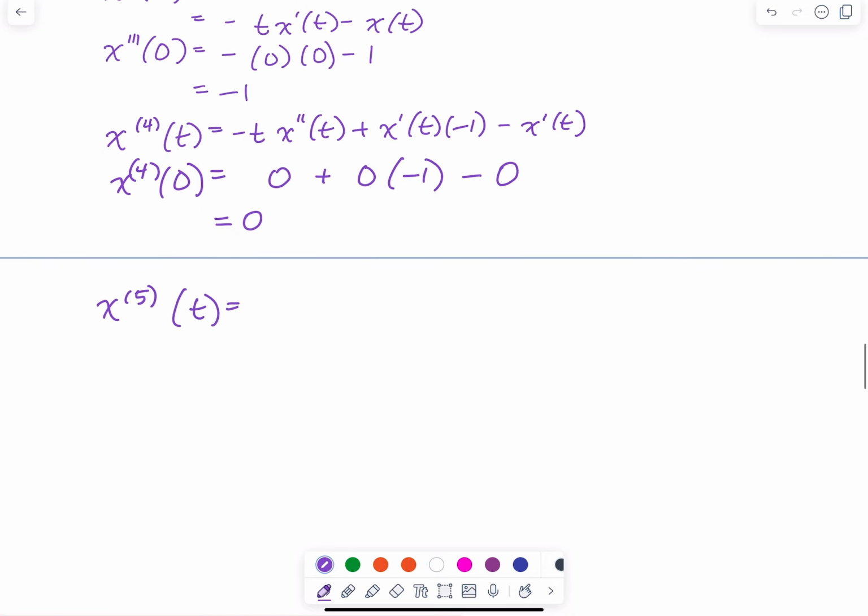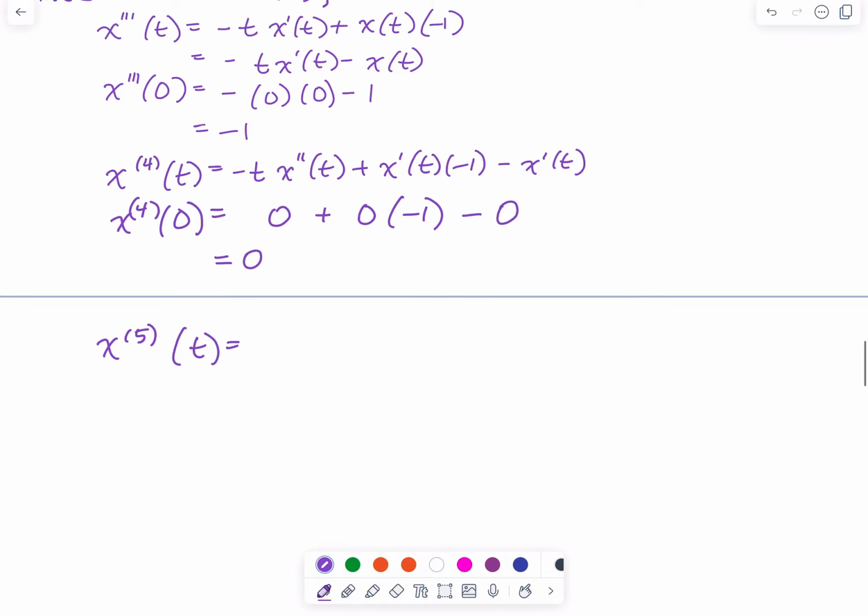So you can sort of see a little bit of a pattern here. Let's go ahead and see what this is here. So you could see here that this is the opposite of tx double prime of t plus 2x prime of t.